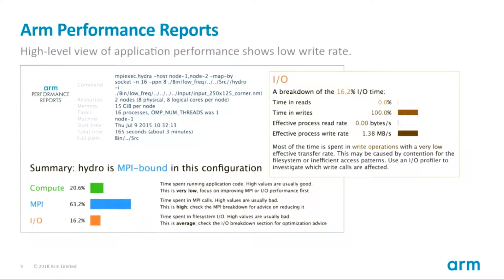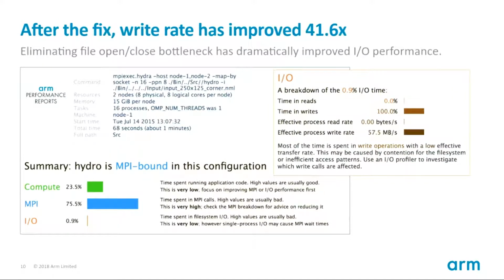And when they switched over to running the same code, the same parameters on a much faster file system, they were able to speed up the performance quite considerably. Yeah, so this is one example.